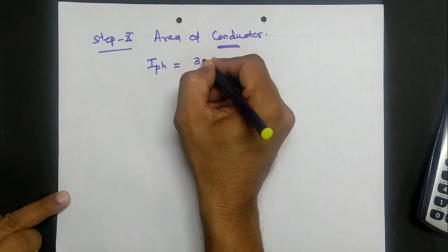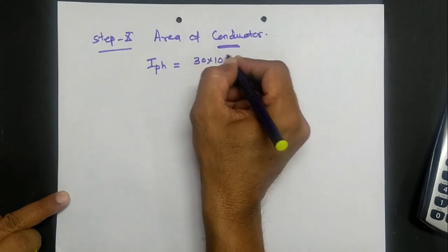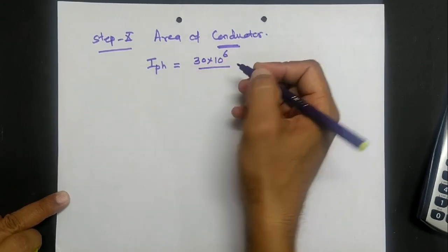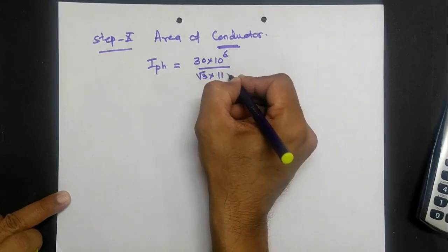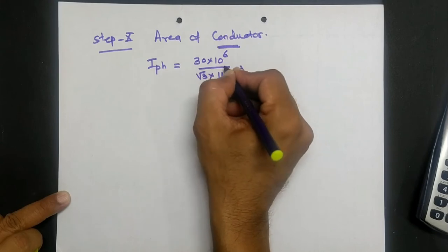So 30 multiplied by 10 raised to 6, divided by root 3 multiplied by 11 into 10 raised to 3.